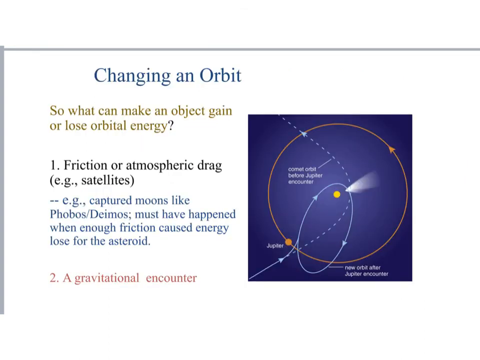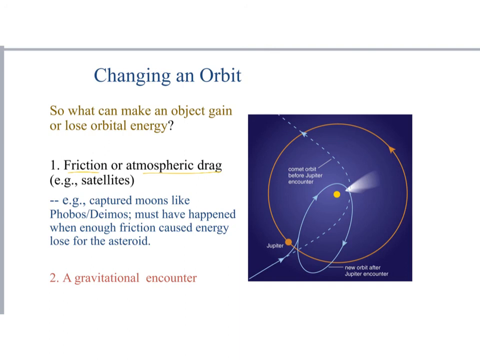Well, when are the situations when the orbits are changing? One of them can be friction or atmospheric drag. This is what happens with satellites. At some point, they're going to lose energy and they're going to be in lower and lower orbits, eventually falling very likely into the oceans.